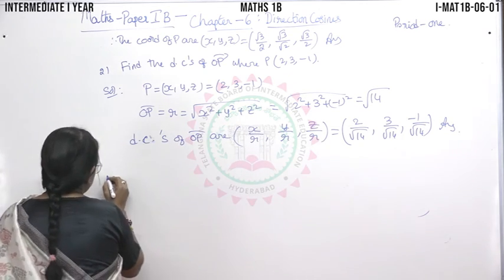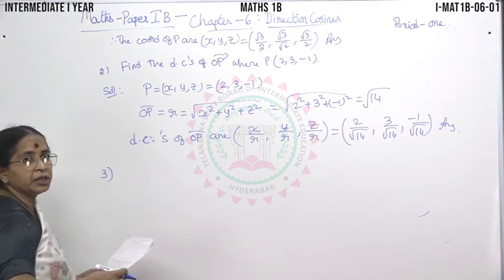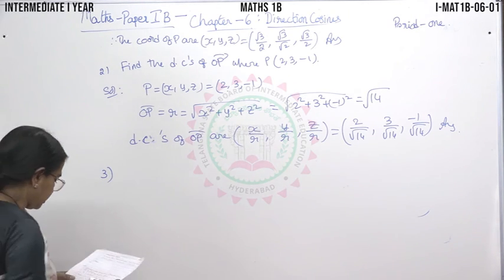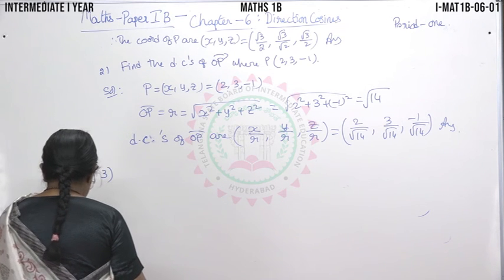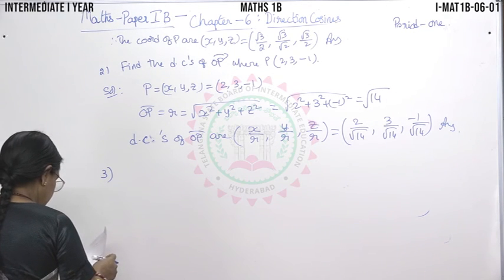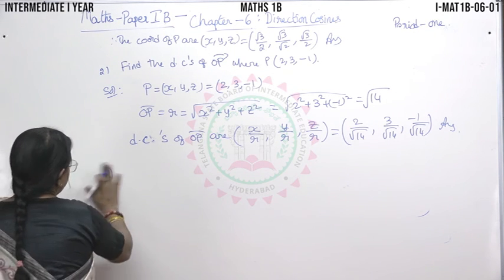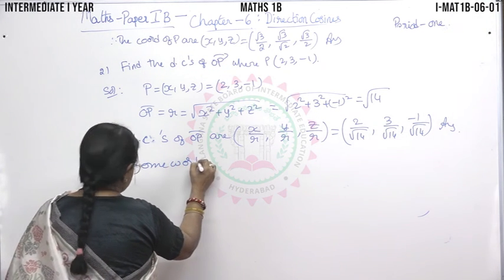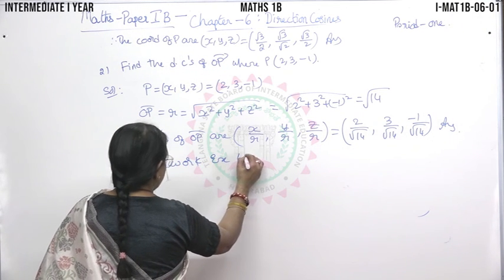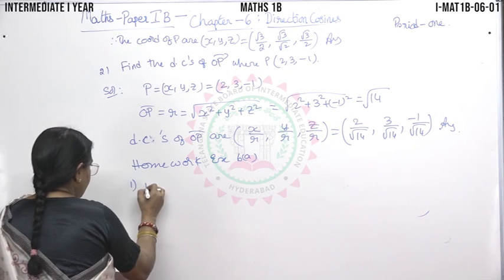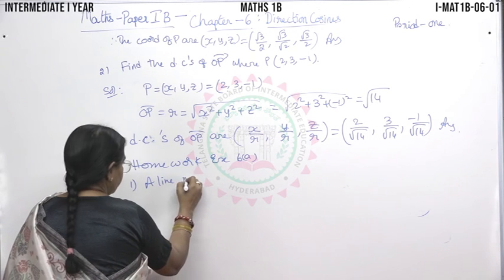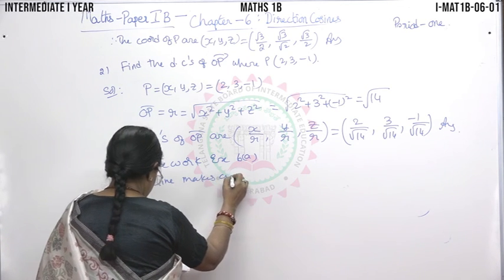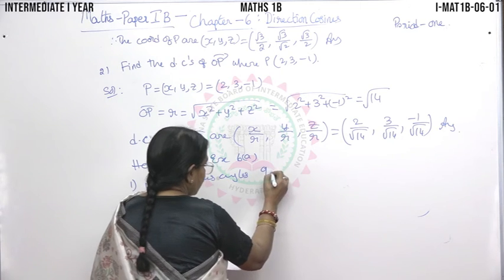Okay. Now next one, you can take down this homework. In exercise 6A, first problem, a line makes angles 90 degrees, 60 degrees and 30 degrees.